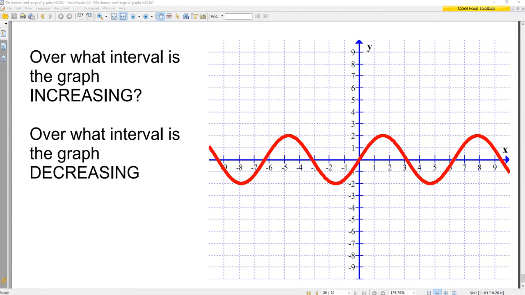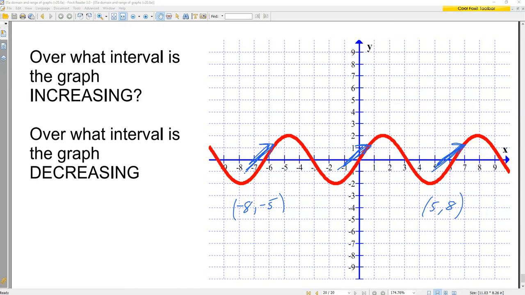Where is this thing increasing? Well, it's increasing right here, right here, and right here. So is it increasing from -8 to -5? That's a place where it's increasing. Or it's increasing from 5 to 8.